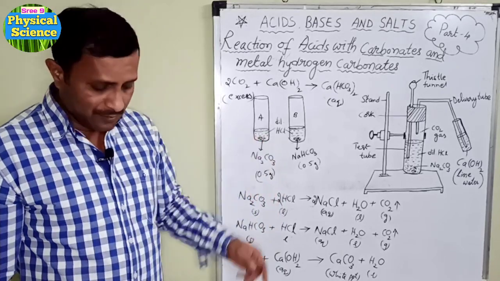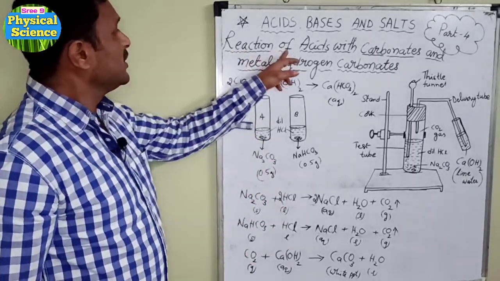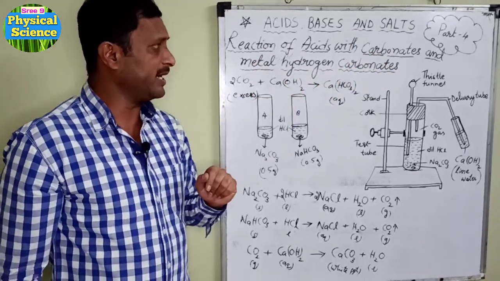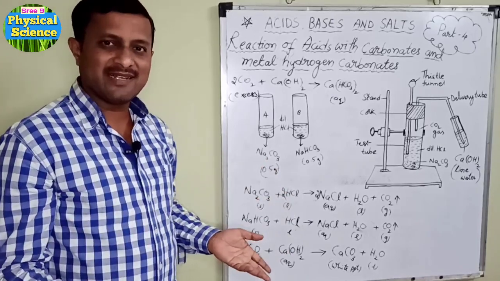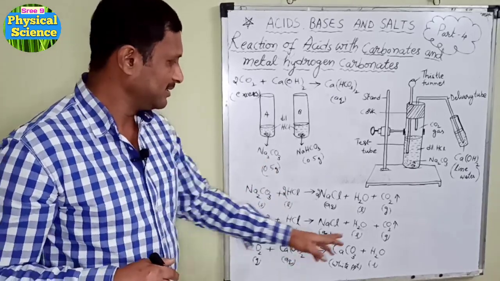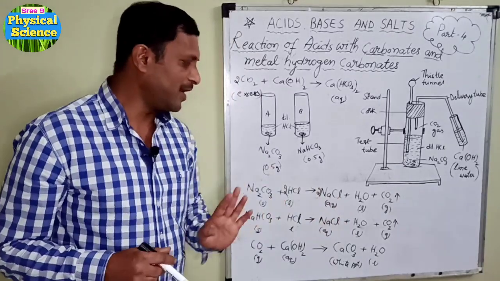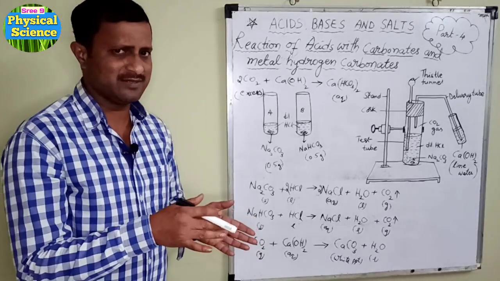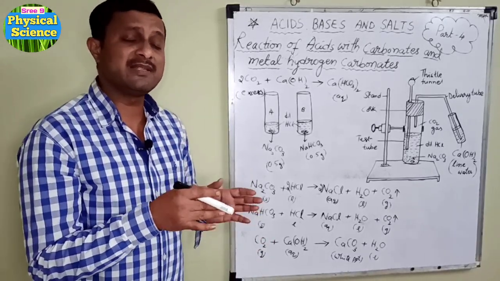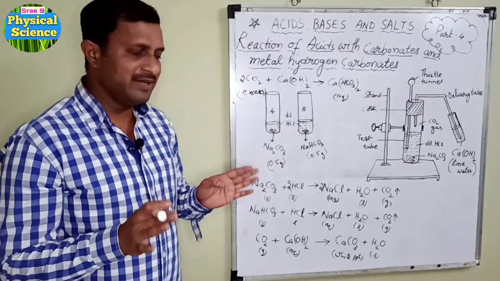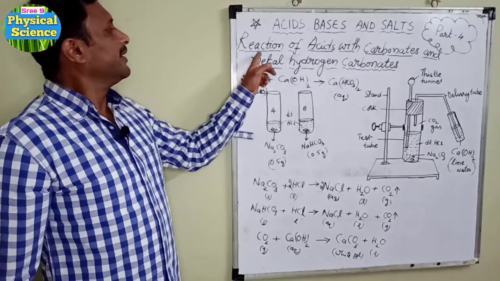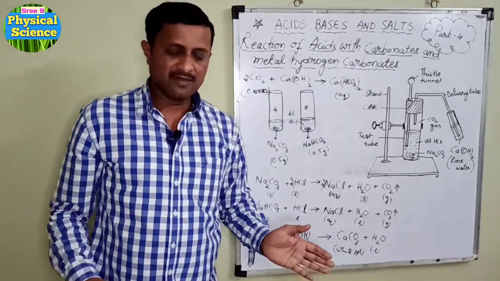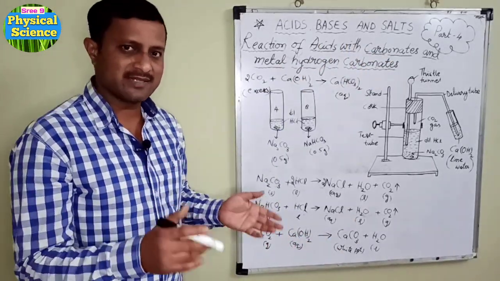Now the conclusion is, reaction of acids with carbonates and metal hydrogen carbonates produces carbon dioxide, right? And salt. Not only carbon dioxide, salt also forms. Water also forms. Anyhow, water is mixed with sodium chloride, it is aqueous, so not compulsory to mention separately. So simply we say the conclusion is reaction of acids with carbonates and metal hydrogen carbonates produces carbon dioxide.